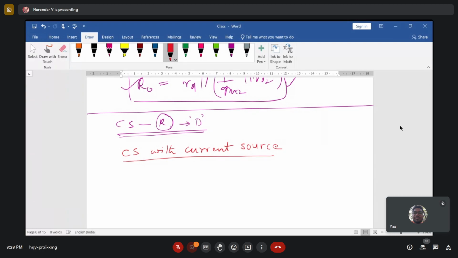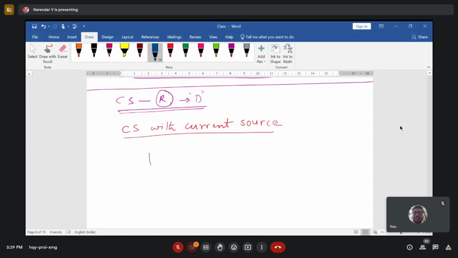A MOSFET can act as a current source when it is operating in the saturation region. If you fix the VDS voltage and do not tune the voltage further, then it acts as a constant current source. You can use the constant current source for your analysis also. Now we are not going to do that. First we try to analyze with an ideal source, and see what is going to happen. Okay.